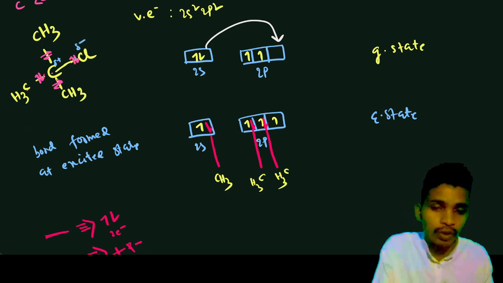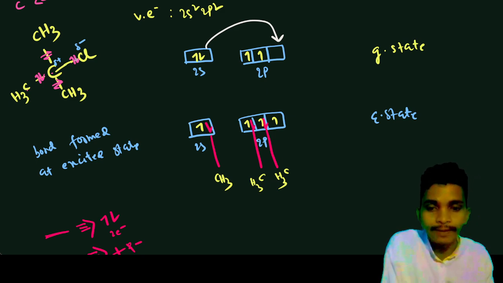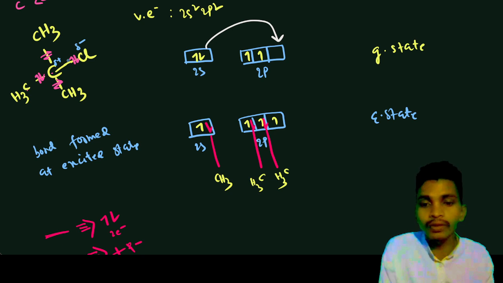Although the bond is there, the electron density is more towards the chlorine.